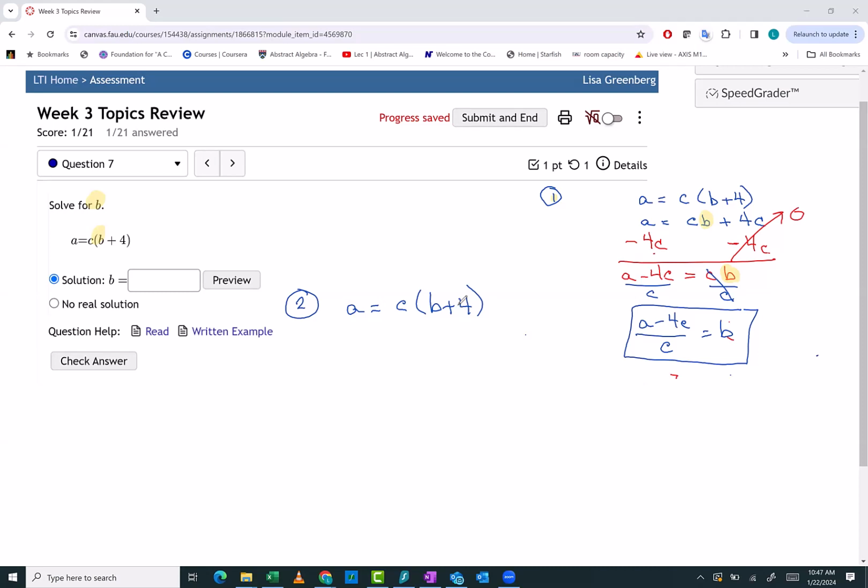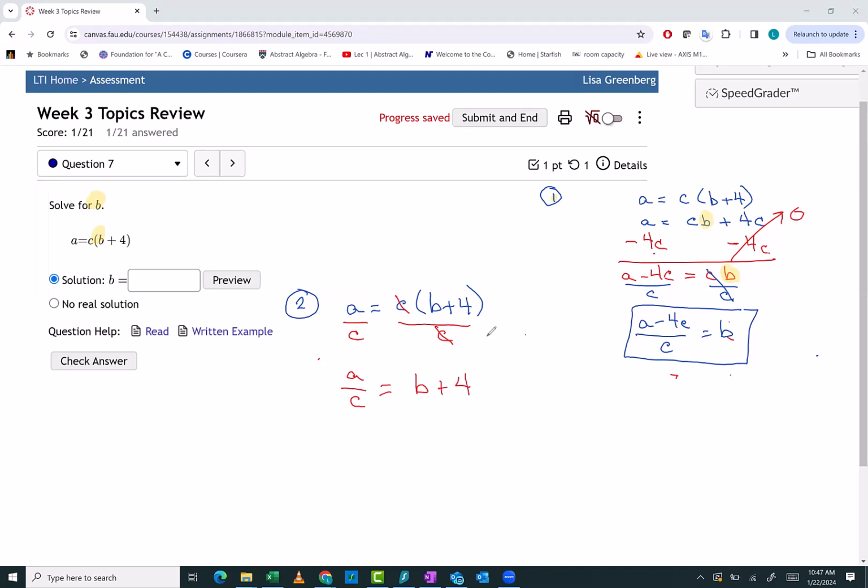I just want to show you that one other way you could do this is I want to isolate the B, which is inside the parentheses. But if I divide both sides by C, the C's cancel. And I end up with A over C is equal to B plus 4.